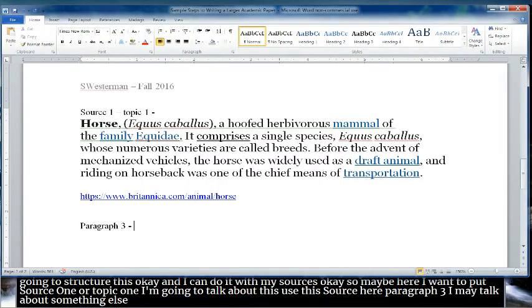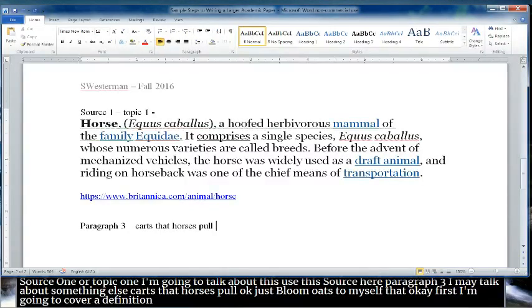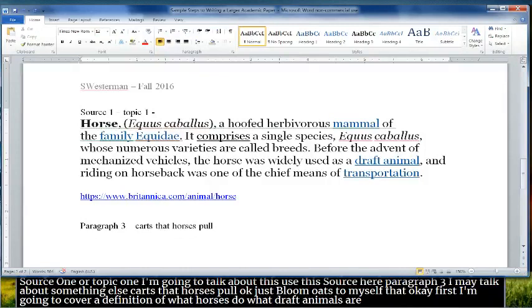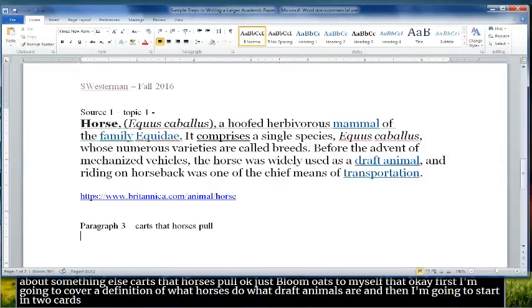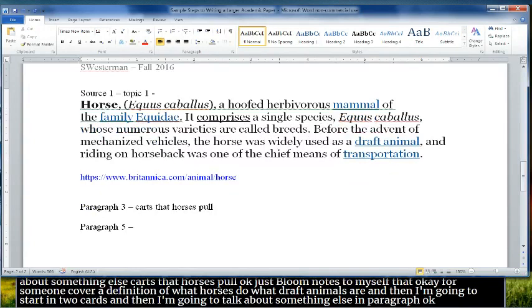Carts that horses pull. Just little notes to myself: first I'm going to cover a definition of what draft animals are and what horses do, and then I'm going to start into carts, and then I'm going to talk about something else in paragraph 5. Then remember you also have to have a conclusion.